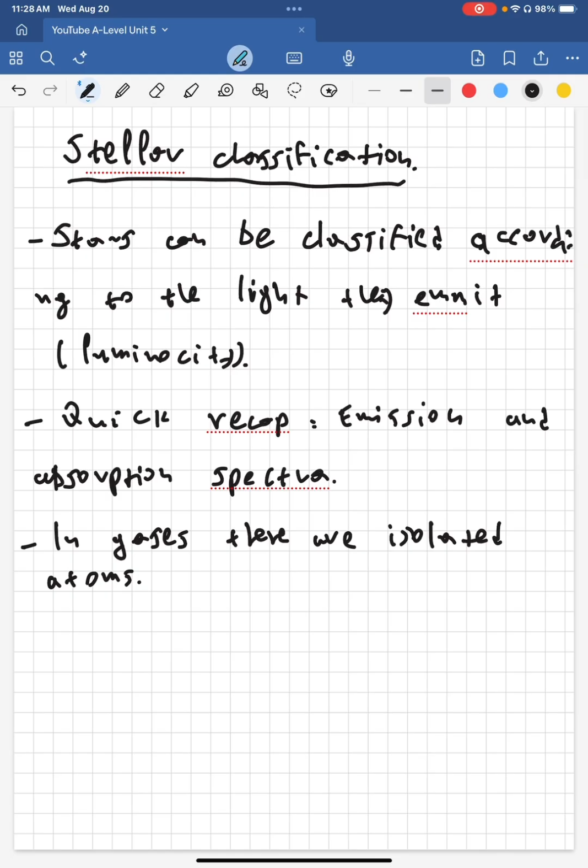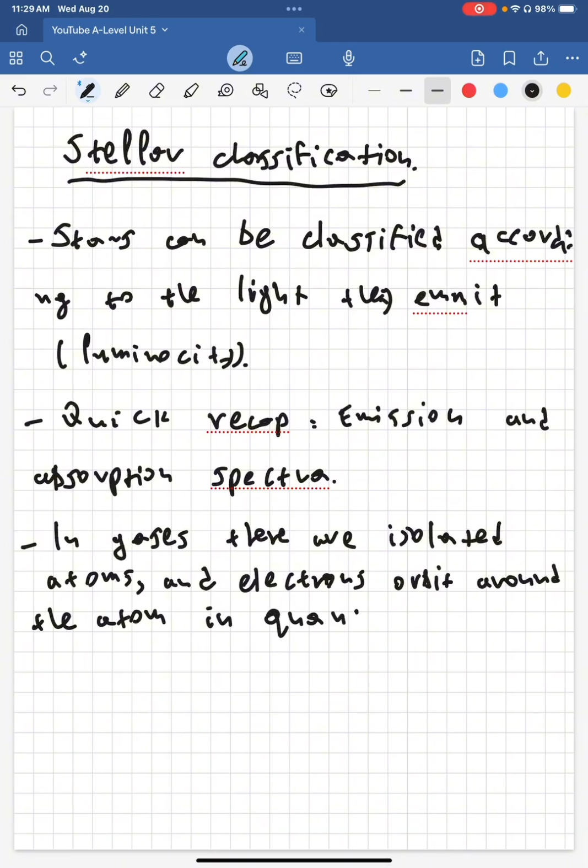So in gases you can observe emission spectra. So in gases there are isolated atoms, and electrons orbit around the atom in quantized orbitals.